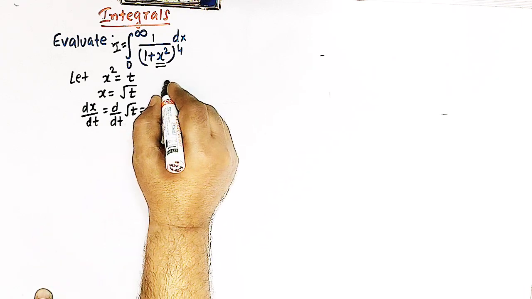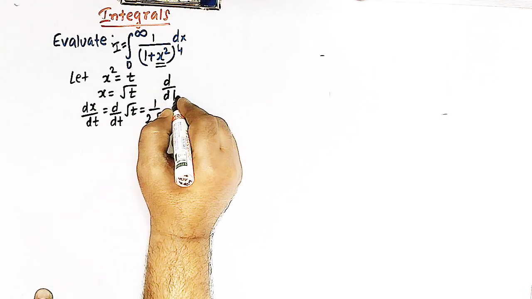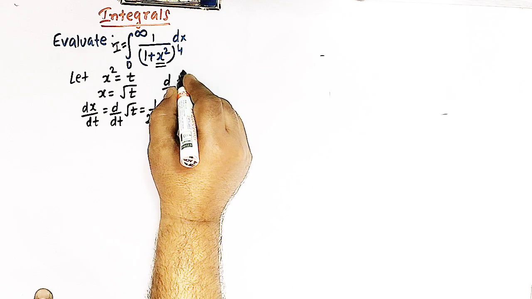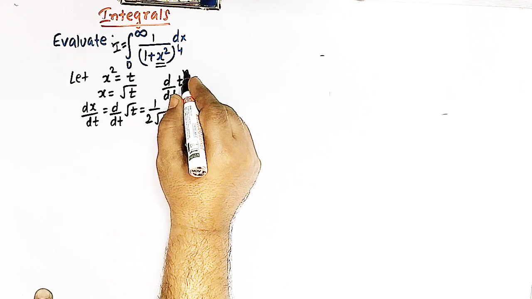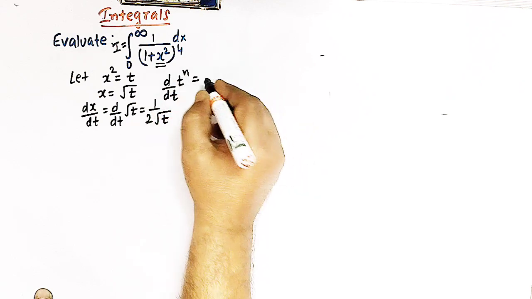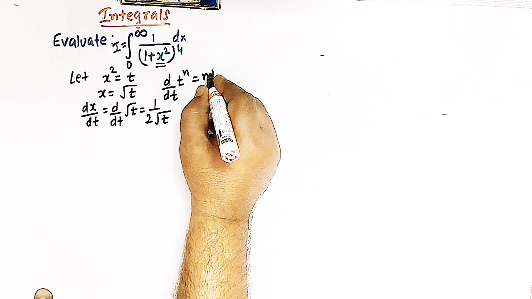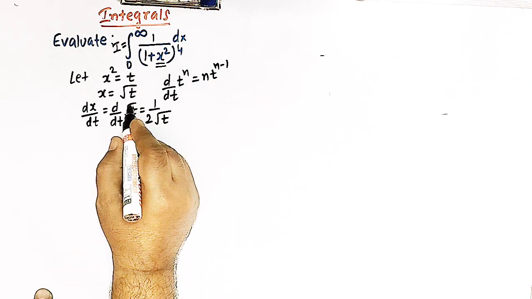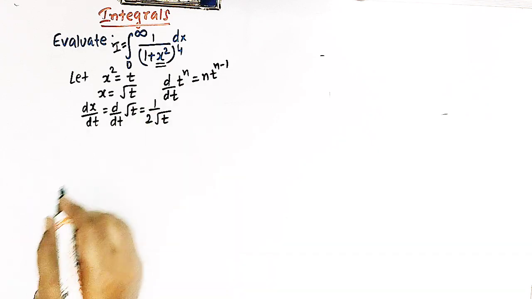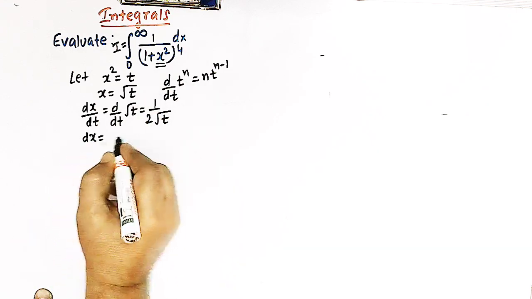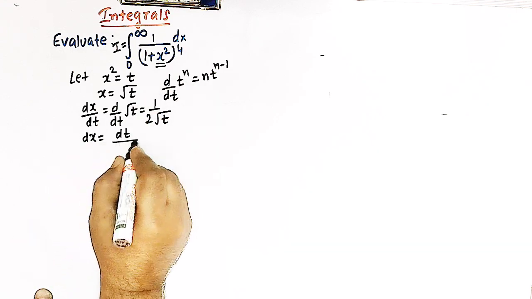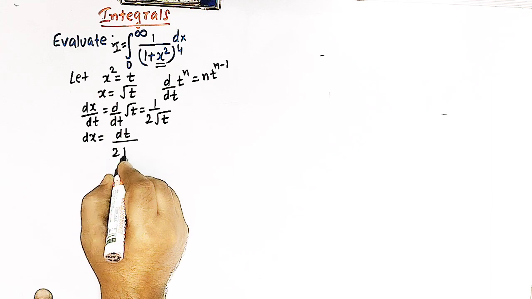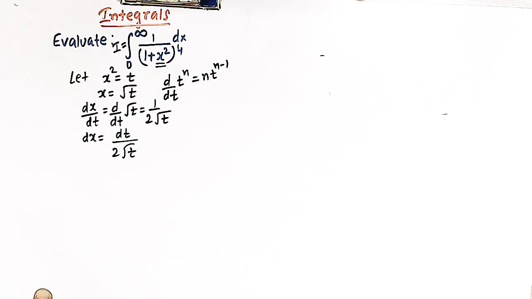So here we have used this result, that is the derivative of t raised to n with respect to t is n times t raised to n minus 1. So here the value of n is half, right? So we have now dx is equal to dt divided by 2 times square root of t.